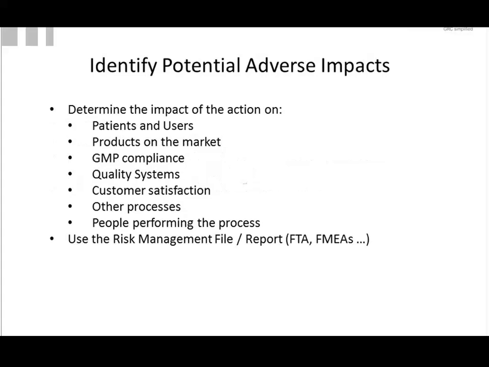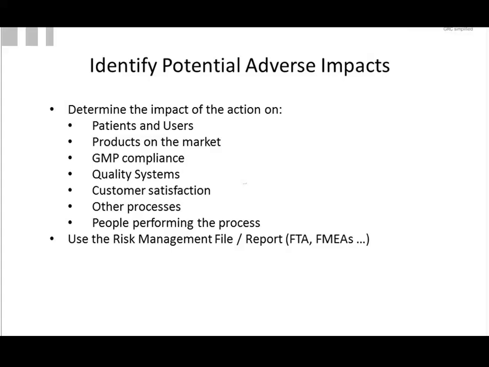Identify various impacts. Now, here's where I get to that point I mentioned earlier about a couple of different meanings of the word impact. Here we're looking at impact to the end user. This is the more commonly accepted term of impact.